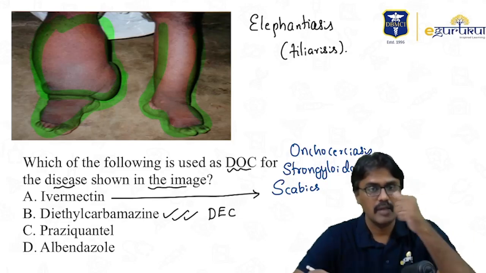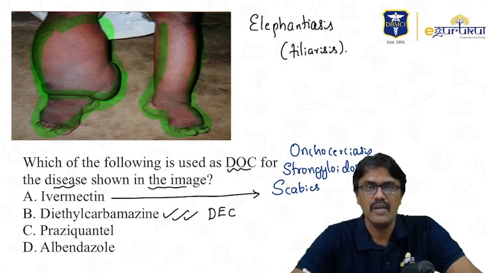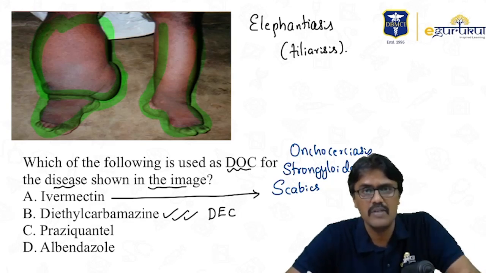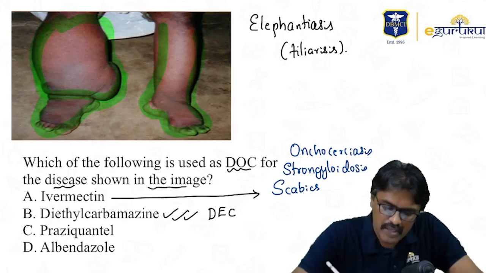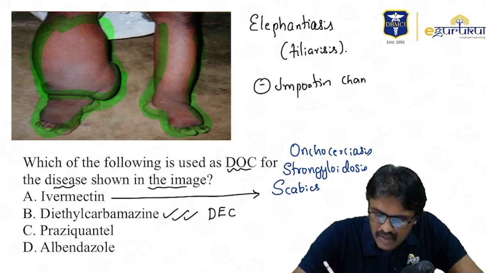Nowadays ivermectin is also used for COVID-19 treatment. It is shown to have immunomodulatory property, and also it inhibits viral multiplication by inhibiting a channel called importin channel in COVID-19. So this is the mechanism of action.